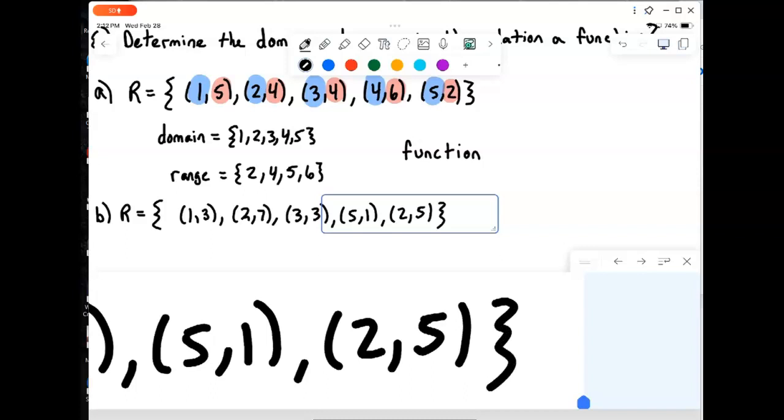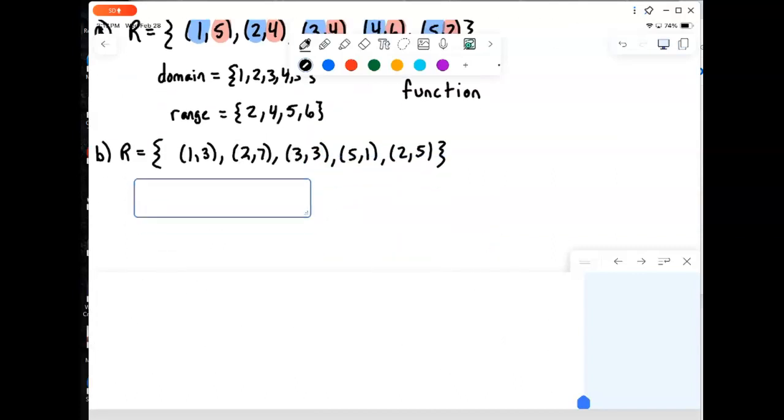Once again, we want to talk about the domain, and we want to talk about the range. You might want to pause the video for a minute and try to write out what you think the domain and range should be.